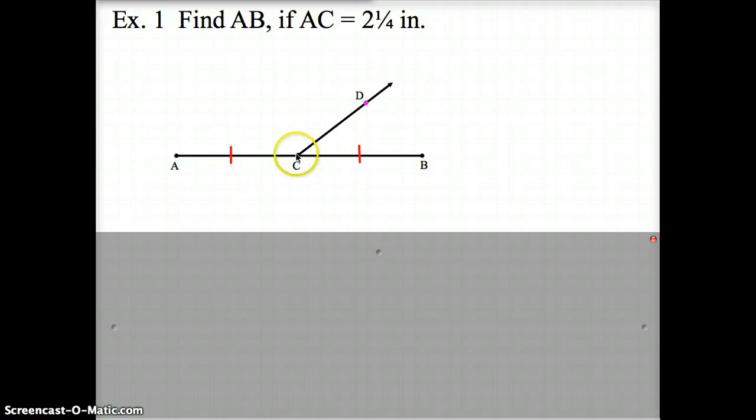So point C is the midpoint. AC is 2 1/4 inches, so CB is also going to be 2 1/4 inches. So this is 2 1/4, and this length is also 2 1/4.